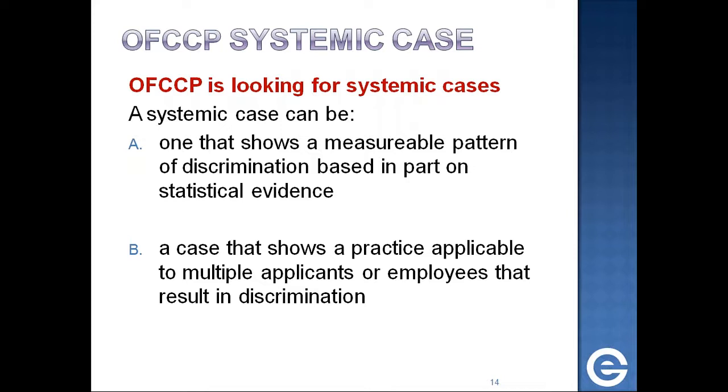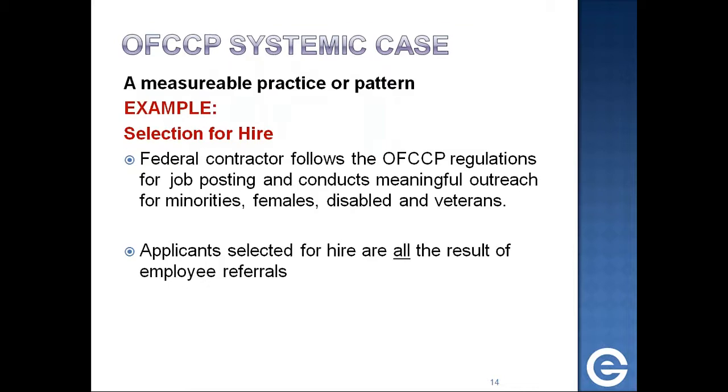The next is a case that shows a practice applicable to multiple applicants or employees that results in discrimination. So that's kind of what we just looked at in those sample reports. In a sample selection for hire, a federal contractor follows the OFCCP regulations for job postings and conducts meaningful outreach for minorities, females, disabled, and vets. The applicants selected for hire were all the result of employee referrals.